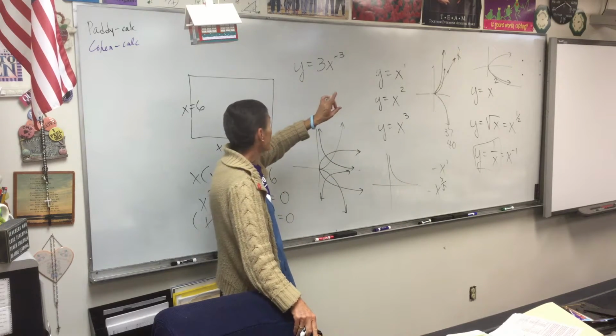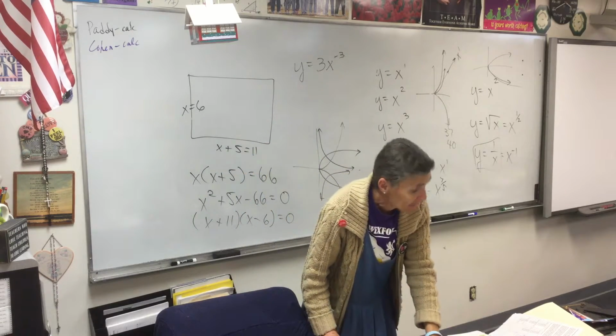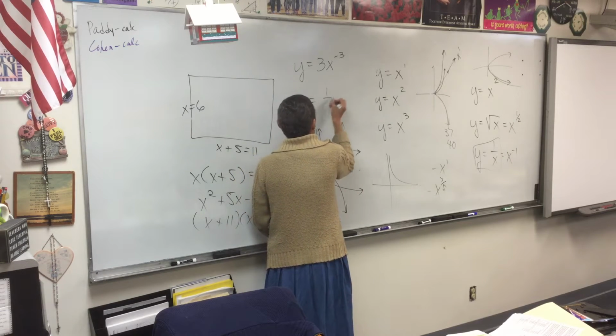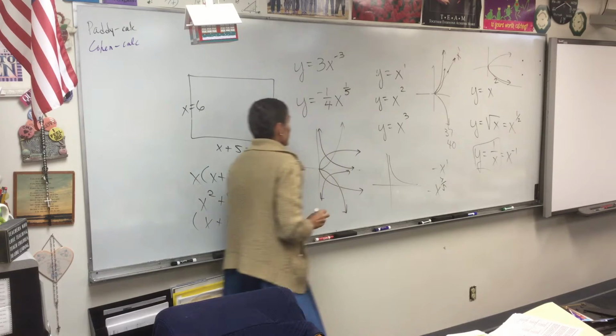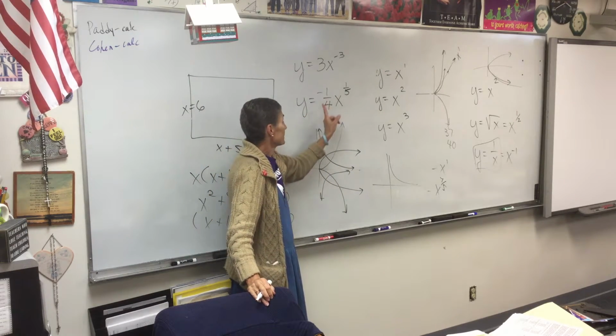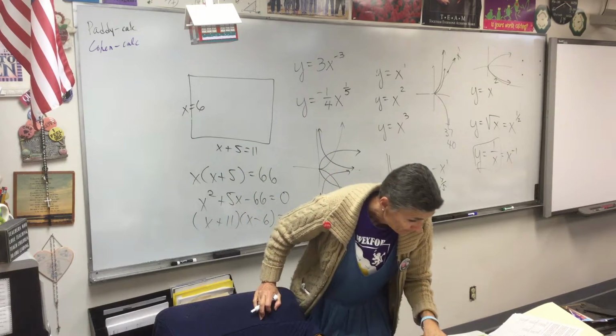It's a negative exponent, positive coefficient. Which one would it go with? A. Very good. Let me give you one more. Less than 1, negative. Which is that going to go with? Which letter?